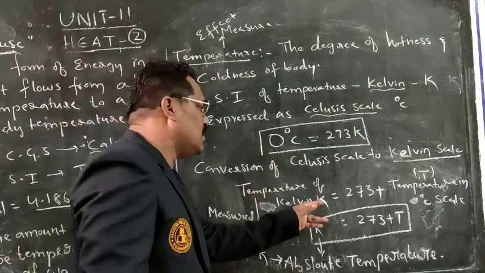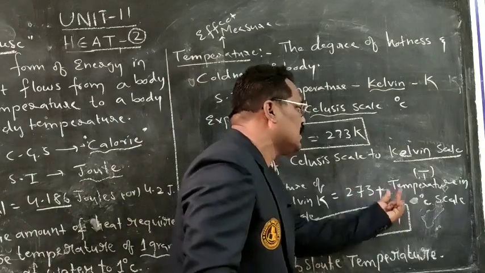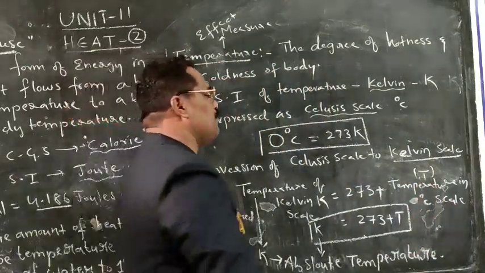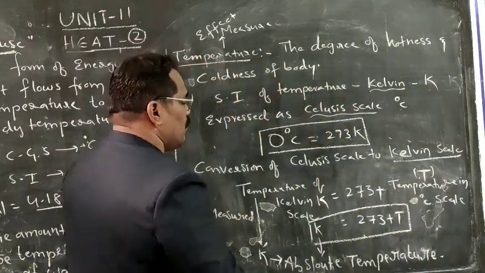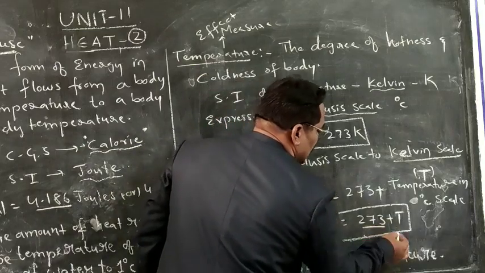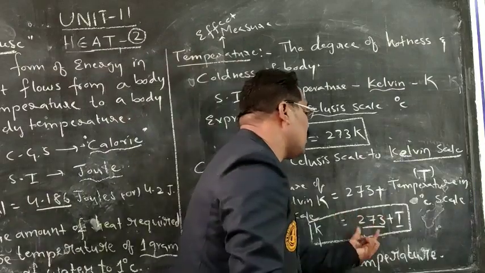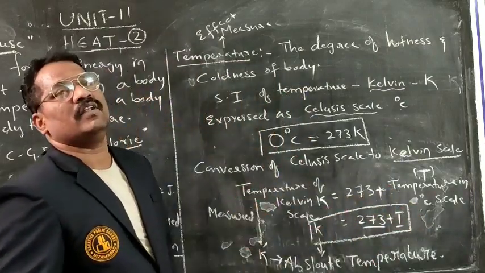Temperature in Kelvin scale is denoted with K. K is equal to 273 plus the temperature in Celsius scale. Let the temperature in Celsius scale be T. Therefore, Kelvin scale temperature will be equal to 273 plus T. This is the conversion of Celsius scale temperature to Kelvin scale.